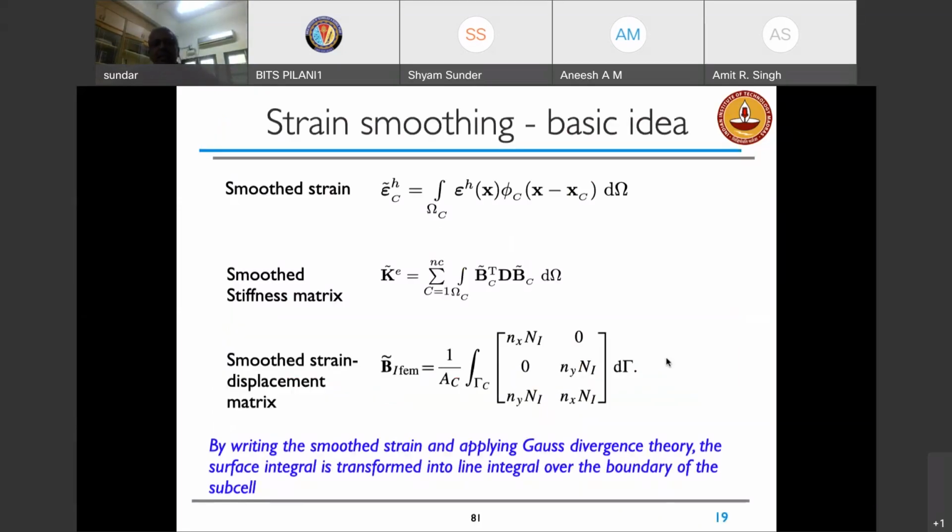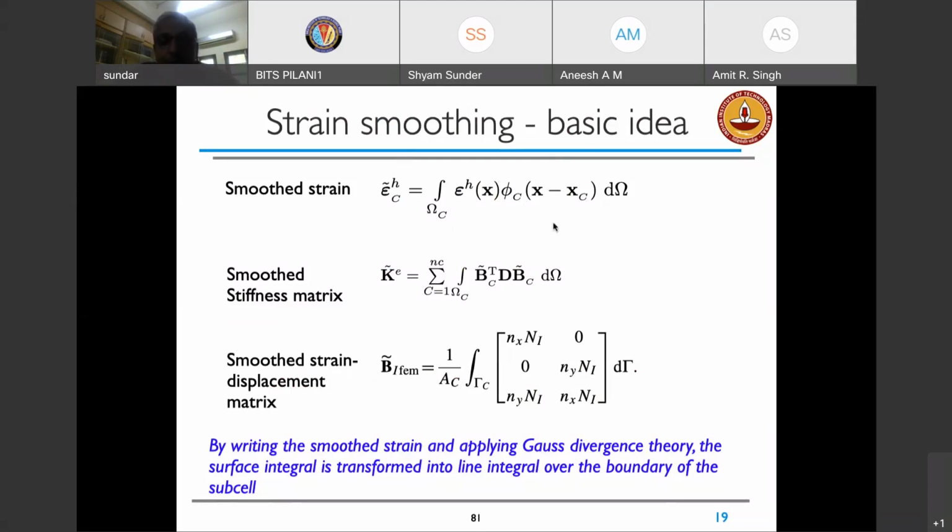So the basic idea is to, over each element or a region, we write what is called a smooth strain field, which is nothing but a weighted average of the compatible conventional finite element strain field, right? So when I say weighted average, you take the finite element strain field multiplied with the weighting function.